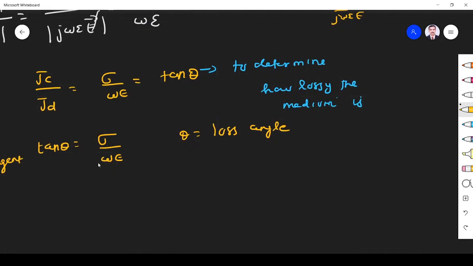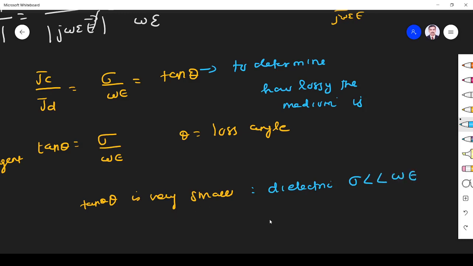For a good dielectric, tan theta is very small. Tan theta very small means sigma must be far lesser than omega epsilon.